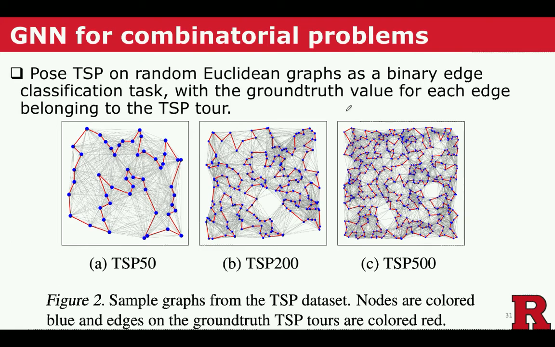To solve this problem with graphs, researchers have posed the TSP problem on random Euclidean graphs as a binary edge classification task. The ground truth value for each edge is whether the edge belongs to the optimal TSP tour or not. So we transform the original problem into a binary edge classification task.